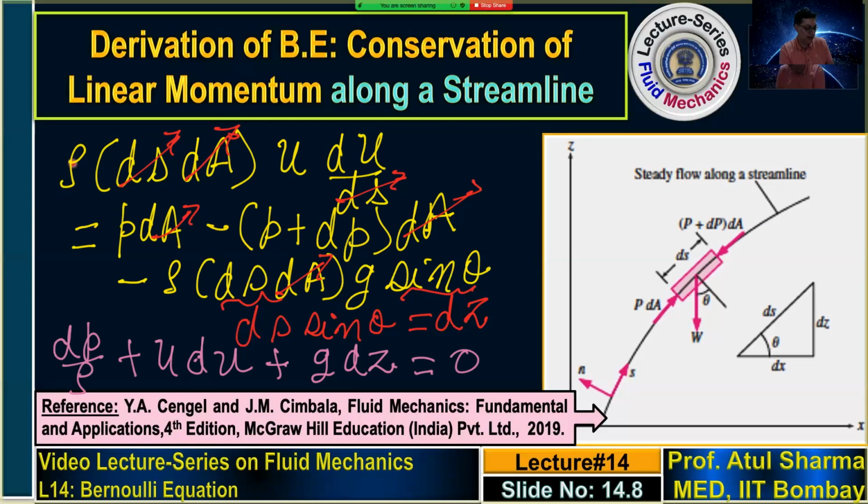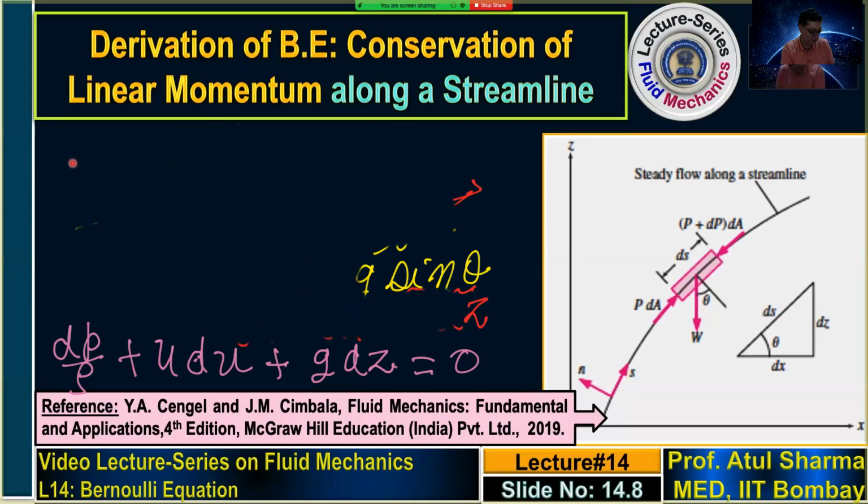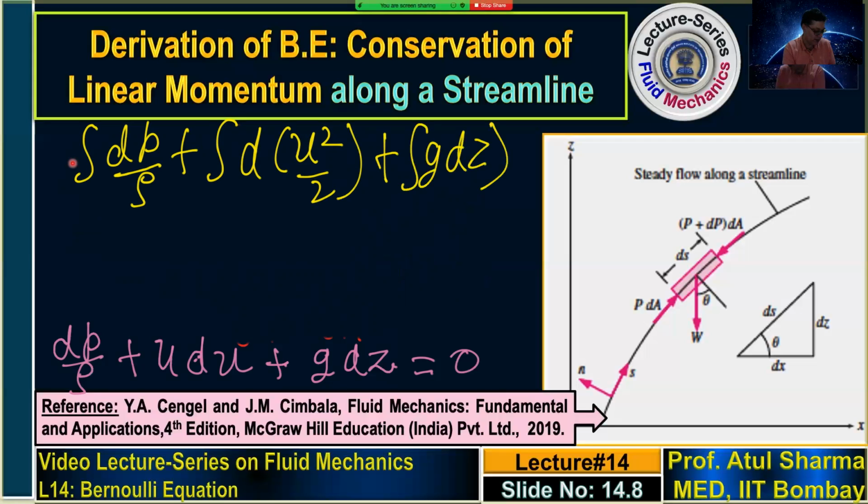Now to finally get Bernoulli's equation, we will integrate this equation. When we integrate it, we get the integral of dp by rho plus, for u du, d(u square) by 2, plus the integral of g dz, equal to a constant.